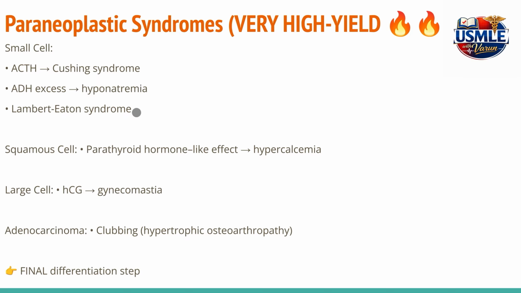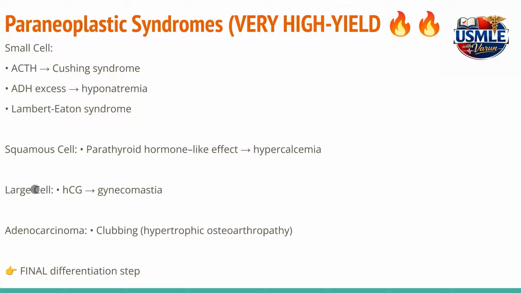The final step in solving lung cancer questions is identifying paraneoplastic syndromes. Small cell carcinoma produces multiple hormones leading to conditions like Cushing syndrome, low sodium levels or hyponatremia because of excess antidiuretic hormone, and Lambert-Eaton syndrome that presents with weakness that becomes better as we start using the muscle. Squamous cell carcinomas cause elevated calcium levels, hypercalcemia.